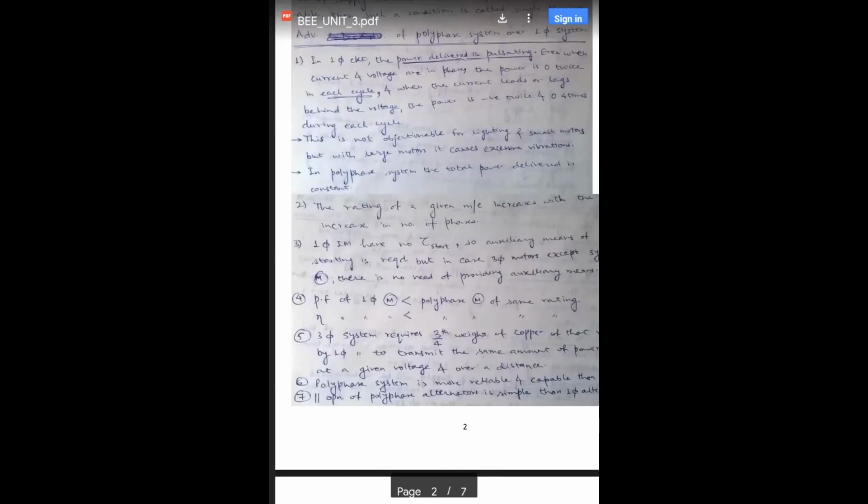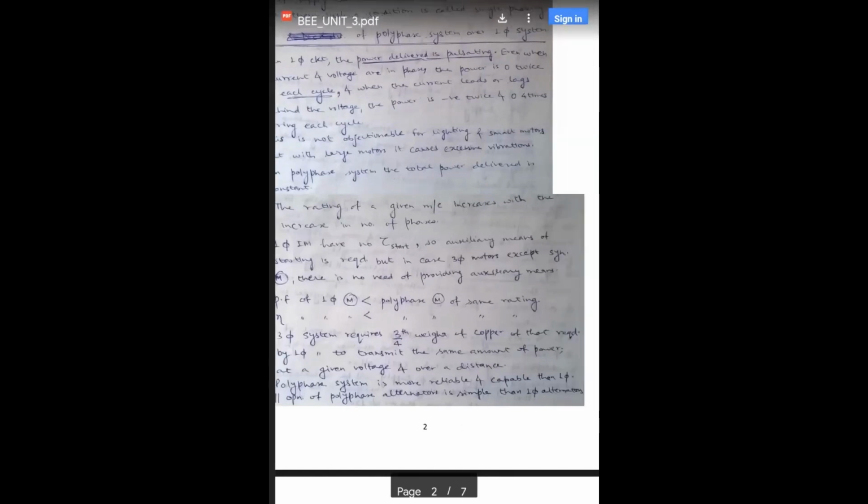Suppose that we are talking of a resistive load. We have observed that this is the voltage waveform and this is the current waveform.